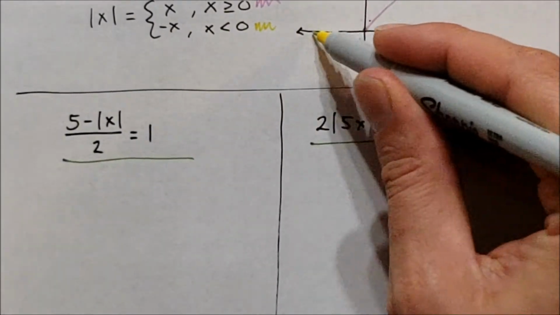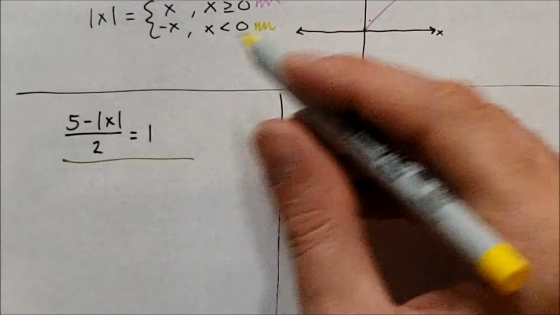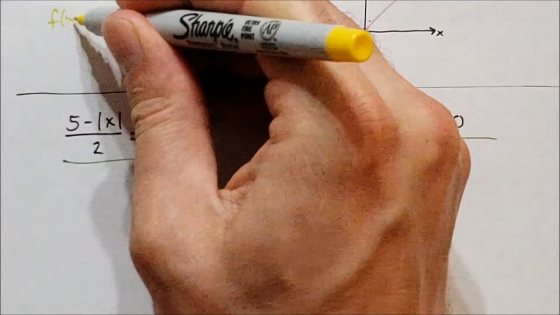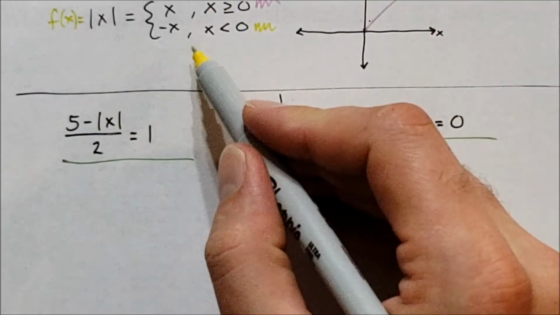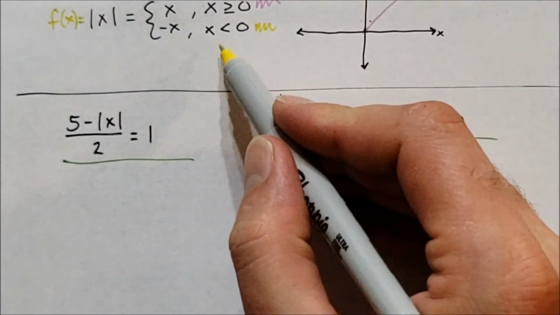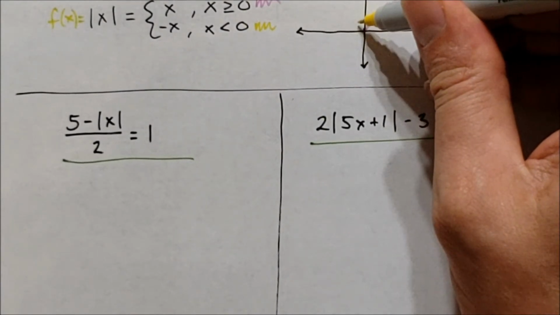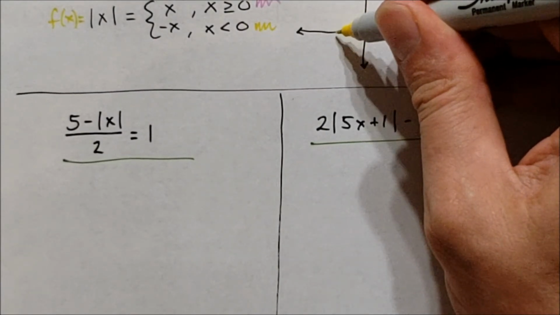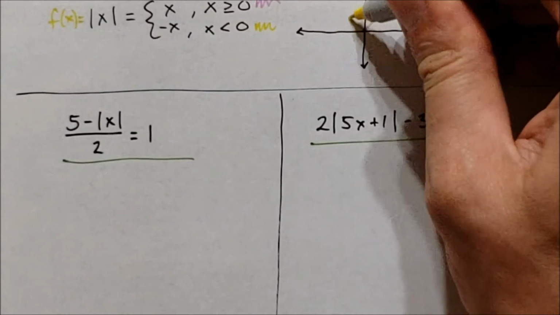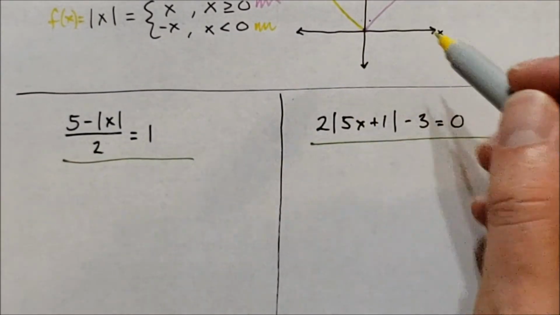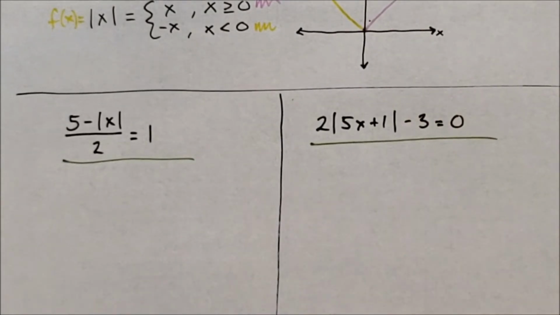So on these values, the absolute value of x, or y, the f of x, is equal to the opposite of whatever number we put in. So -1 outputs a +1. -5 outputs a +5. So we have that -1 slope, and we end up with somewhat of a V pattern.